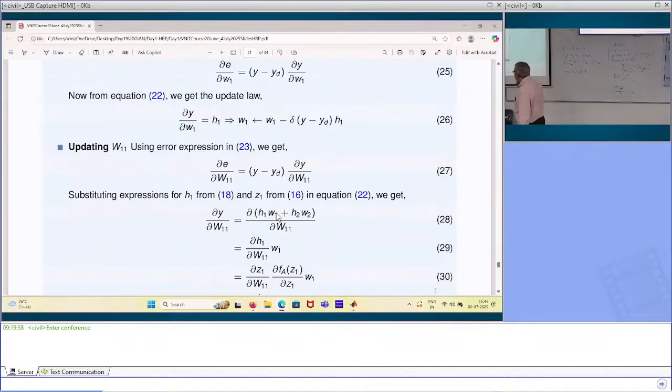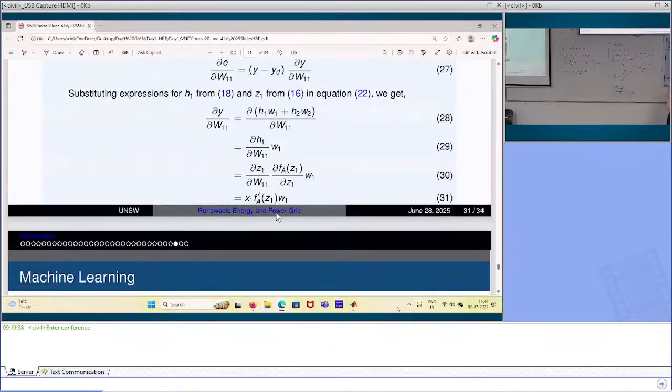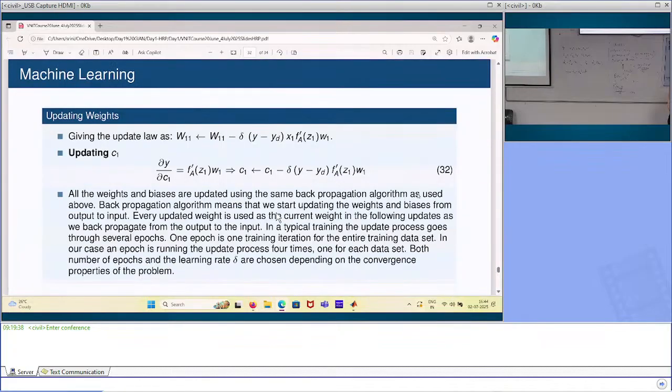So we do that, and then this is a chain rule, right? I take Z1 on W11 and then take the derivative of that thing with respect to Z1. So it is a chain rule. Okay? And you can do that. Now where do I end up? That is what I end up with.